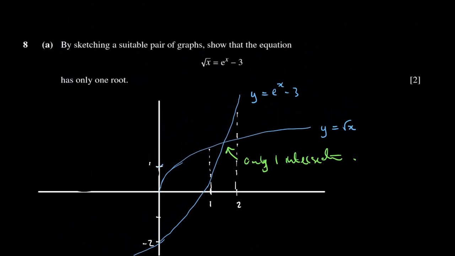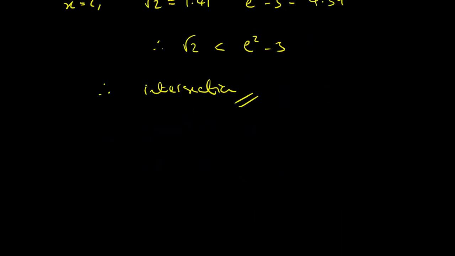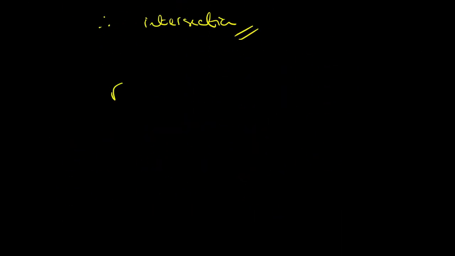So we're asked to solve the square root of x is equal to e to the x minus 3. And if I were you, what I would do is bring one side to the other. So I would rewrite this as the square root of x minus e to the x minus 3 is equal to 0. So that's how we're going to find the roots.